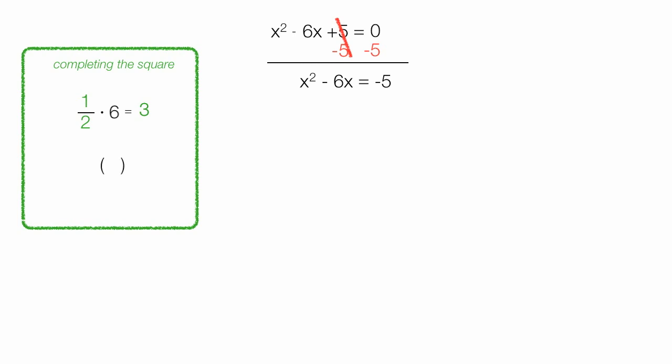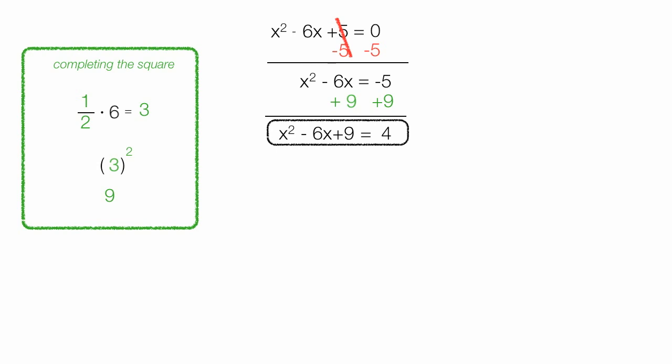And then I take that 3 and I square it, which gives me 9. Now I add 9 to both sides of the equation. What I do to one side, I have to do the other. Now I have x squared minus 6x plus 9 is equal to 4. So now I actually have a new equation that's different from my first equation.